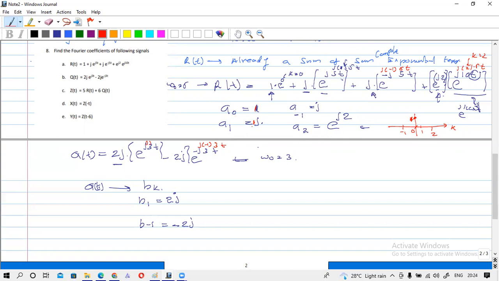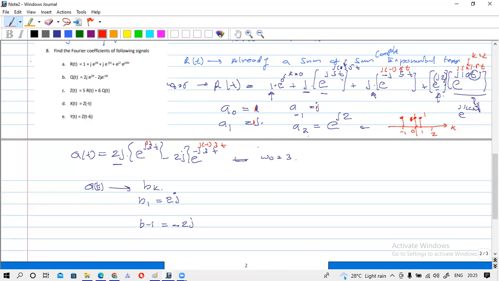If you get the magnitude, the square root of 0 squared plus 1 squared, again you have 1 here. So the magnitude is also 1. If you consider a minus 1, it is j, in the same manner, totally imaginary. So the magnitude will be the square root of 0 plus 1, again 1.